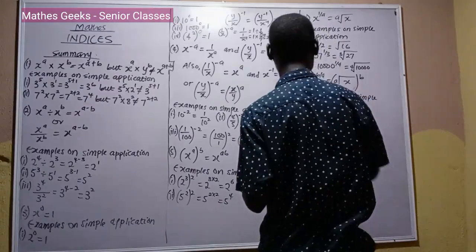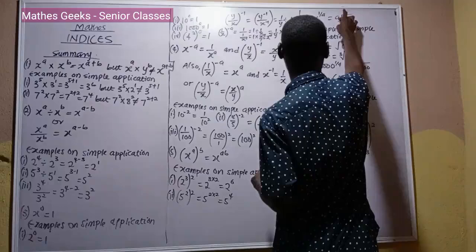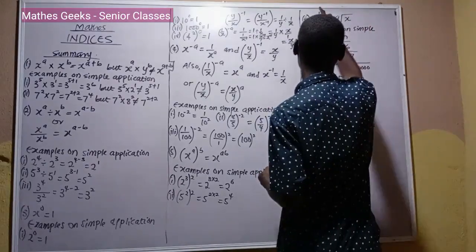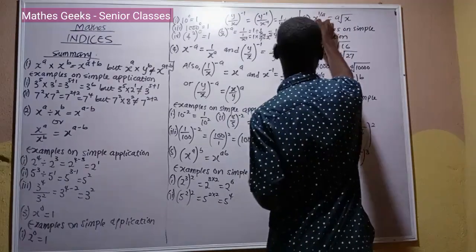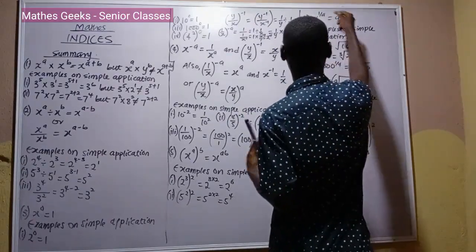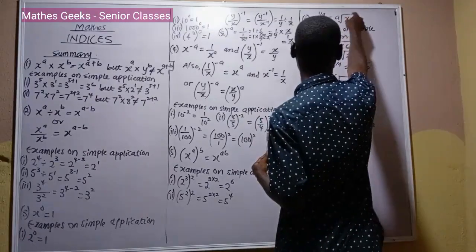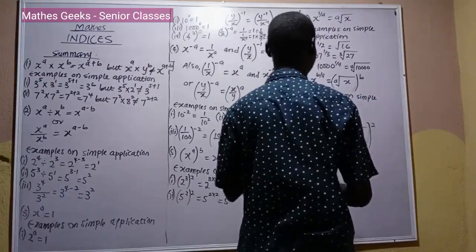Anything above 2, we write the number on top here, then the root sign, then the base inside the root sign. So if it is 1 over 3, that means the third root of x. If it is 1 over 4, the fourth root. But if it's 1 over 2, you don't write the 2, just write the square root sign. That indicates it's just the second root of the base.